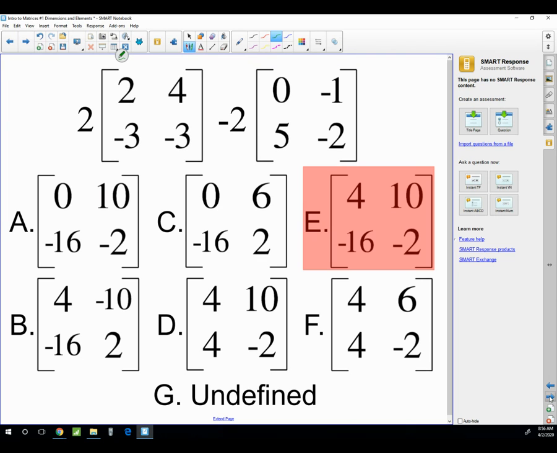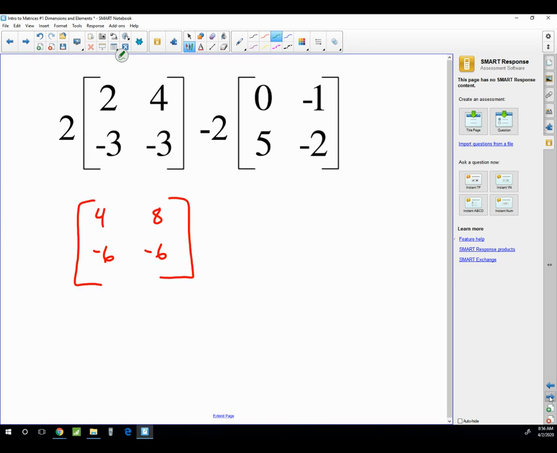Okay, apparently it is E. I actually want to do this one because there's an issue here that can come up, and you gotta cross this bridge here. Okay, I went ahead and scaled in this 2 here for the first matrix. Now you can scale in a -2 or +2.